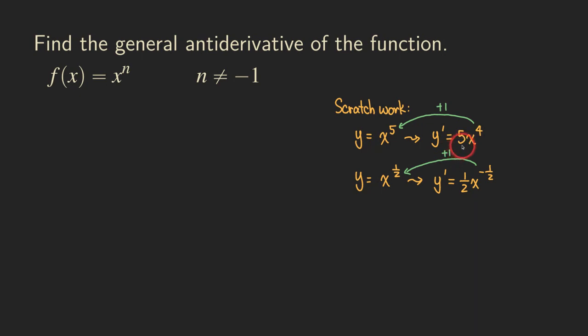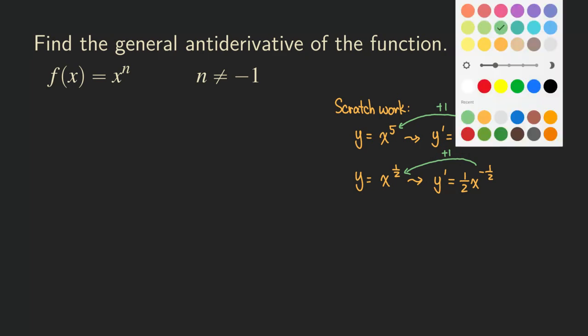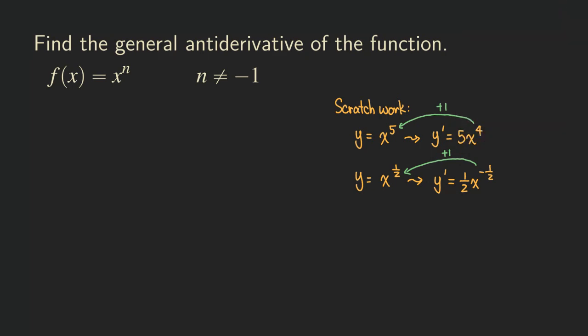Let's come up with a different question right now. Let's say we have a y prime of, now I don't want the 5 in the front. I just want to find the antiderivative of x to the fourth.